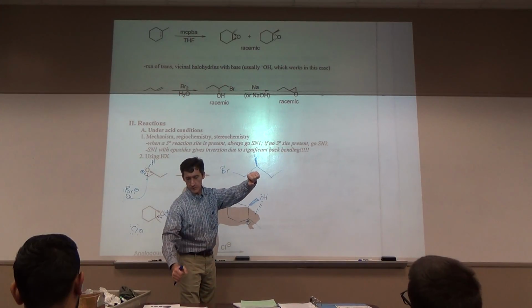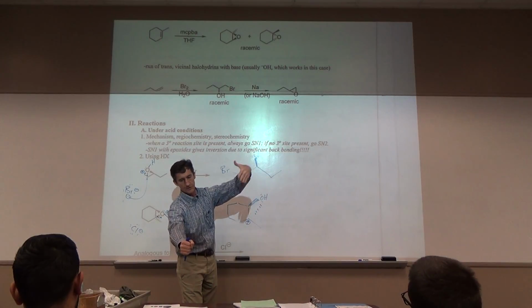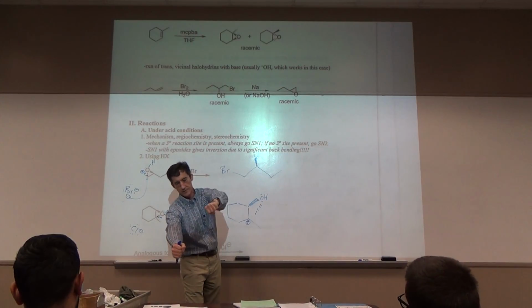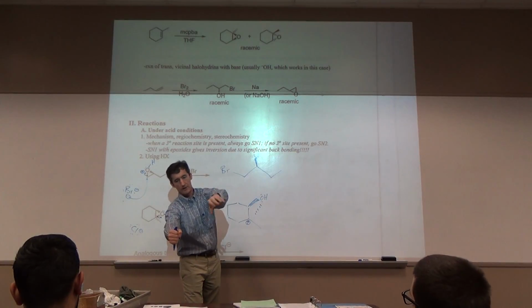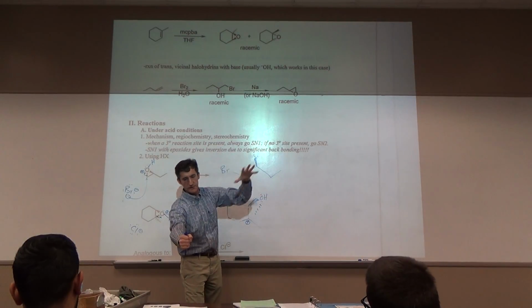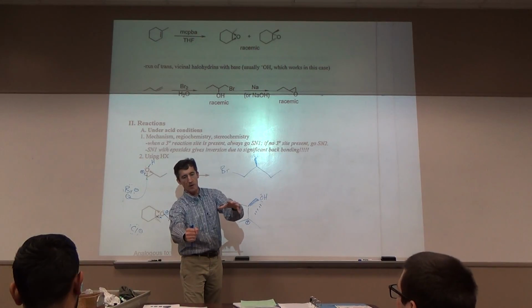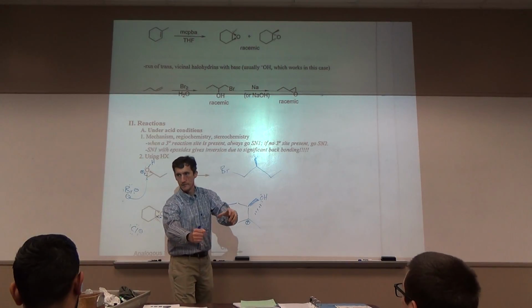That oxygen's forward, okay? There's the original epoxide, it's forward. It used to be bonded. Pretend it's bonded. Okay, it broke away, but it doesn't go way away. It's still kind of attracted. So it's still sort of blocking the approach of the nucleophile.